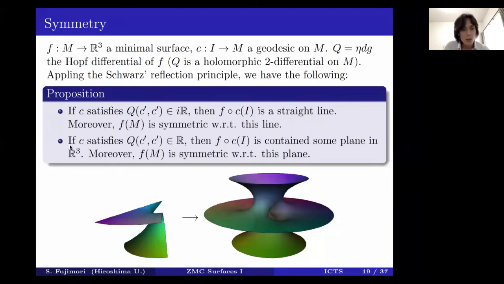And also, if C satisfies this, in this case Q of C prime is always real, then the image of C by F is contained in some plane in R3. And moreover, F(M) is symmetric with respect to this plane. I mean, F has mirror symmetry.